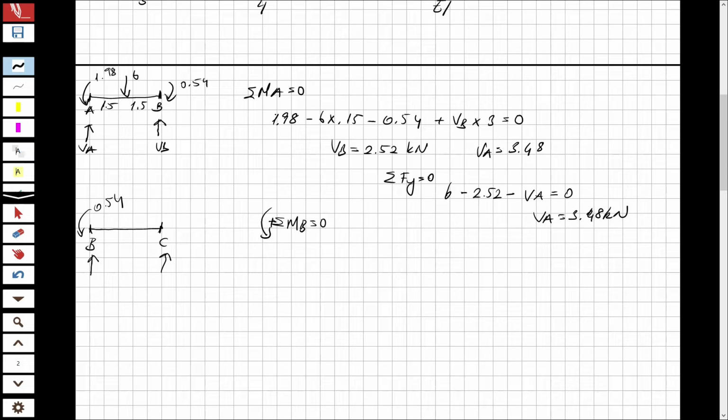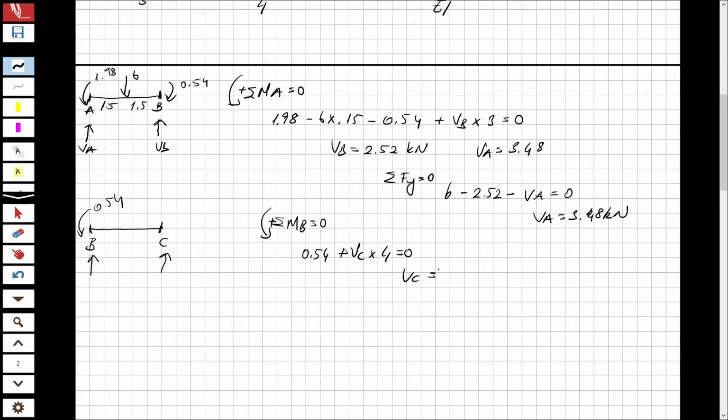Oh, sorry, this direction positive. I forgot to write here. This direction positive. 0.54 plus VC multiplied with 4 equal to 0.